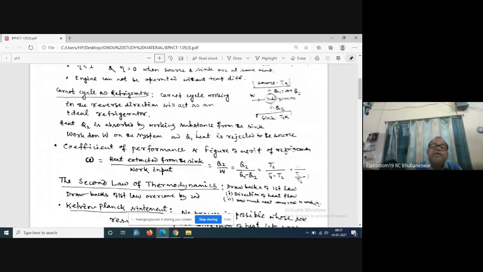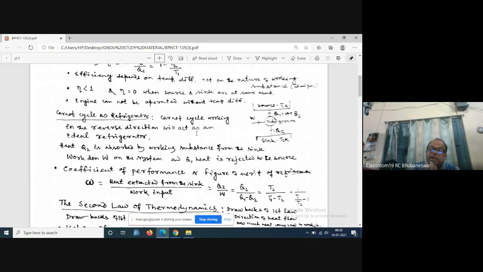Okay, now see, Carnot cycle as a refrigerator. We have a refrigerator in the household. Now see how the Carnot cycle becomes a refrigerator. If the Carnot cycle is working in the reverse direction, in the normal direction we draw heat from the source and reject heat to the sink, and the gas does some external work.